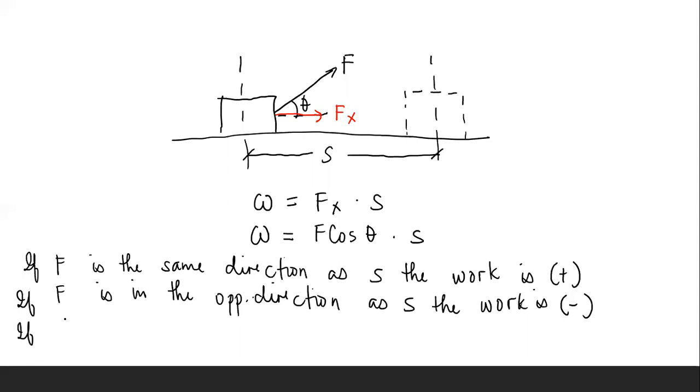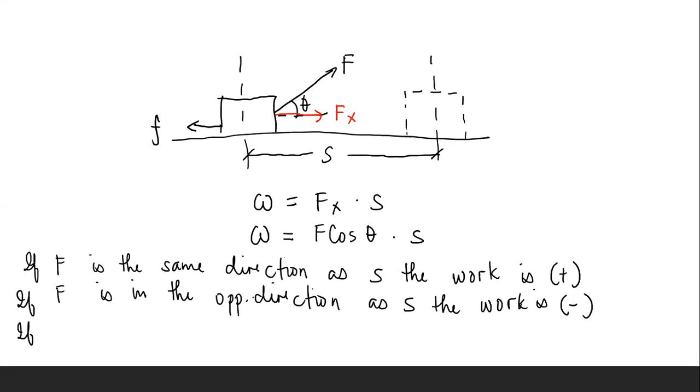When can your work be negative? Instead of using the applied force, you're going to use the frictional force. The frictional force always lies opposite to the applied force. This one is the frictional force.